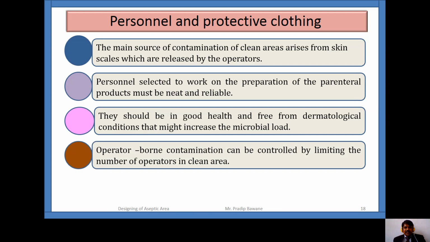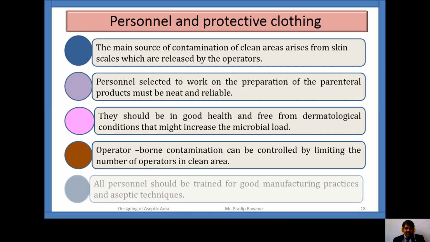Then operator-borne contamination can be controlled by limiting the number of operators in the clean area. So we have to minimize the persons working within the aseptic area so as to reduce the chances of contamination within the area. All personnel should be trained in good manufacturing practices and aseptic techniques.